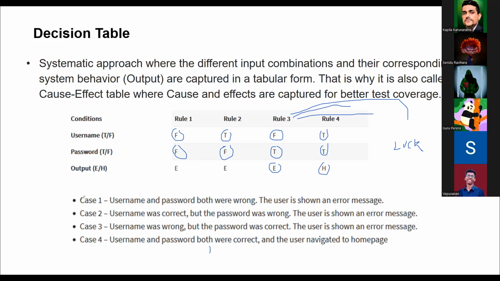So here it's four test cases, 1, 2, 3, 4: username and password both wrong, username correct and password wrong, username wrong and password correct, username and password both correct. But you can also try the third case three different times and go for a lock scenario as well. You can have multiple scenarios like this. So this is the decision table. Basically, you draw a table based on the decisions.